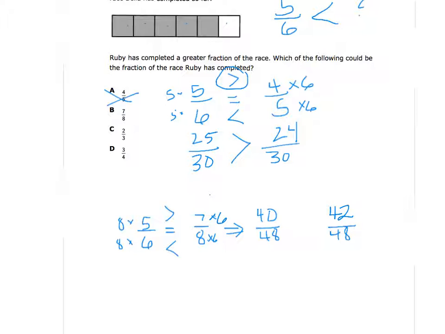So 7/8 is equal to 42/48. So when I compare this, 5/6 is actually less than 7/8 because 40/48 is less than 42/48. So the best answer choice there is going to be B.